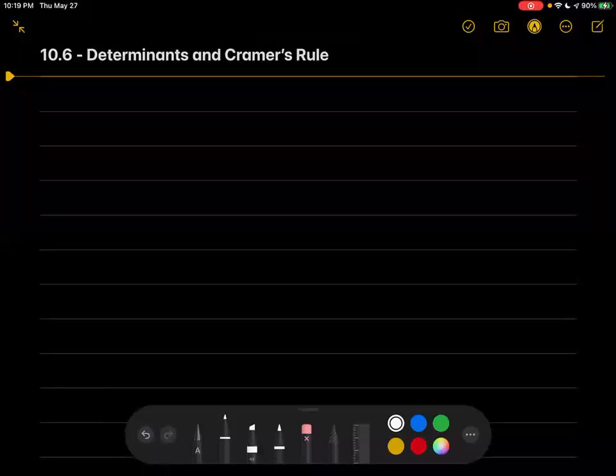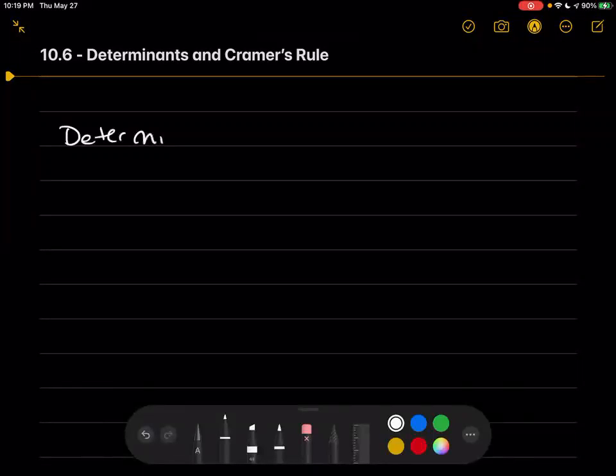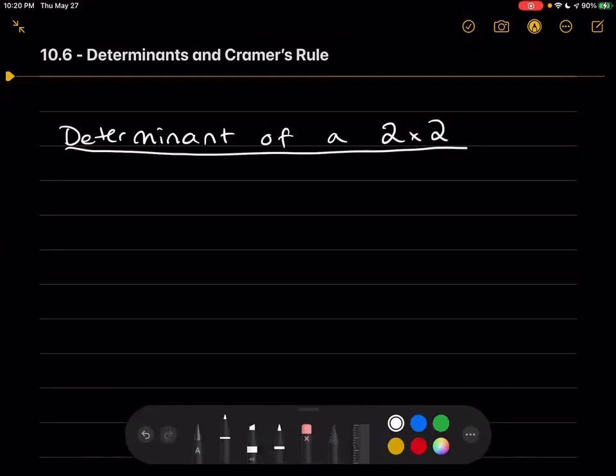We're going to start off by talking about determinants of 2 by 2 matrices.